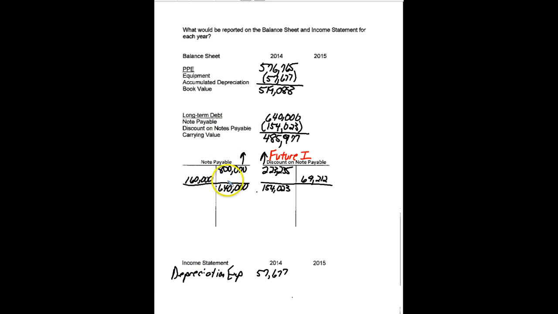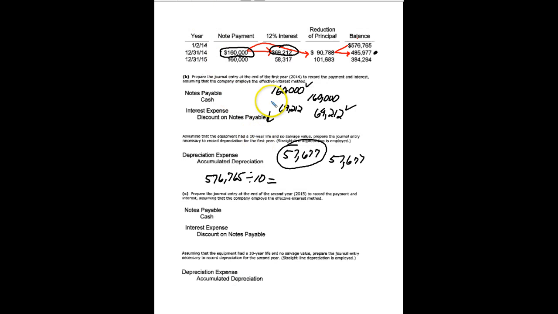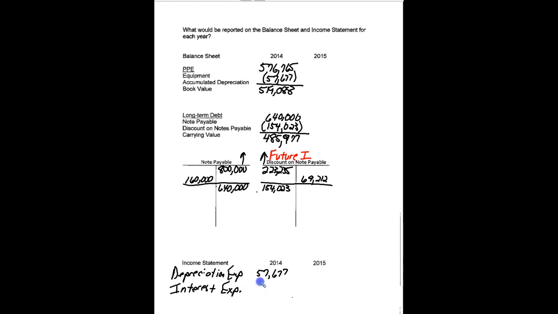Well, if I have debt, I have interest expense. So let's go back and look to see what we recorded. We recorded $69,212 for interest expense. Okay. So we're finished with 2014.